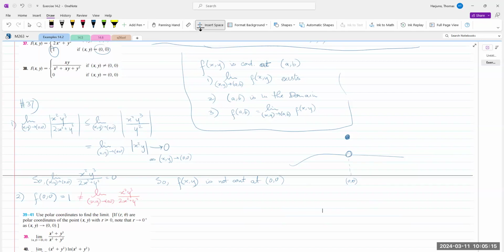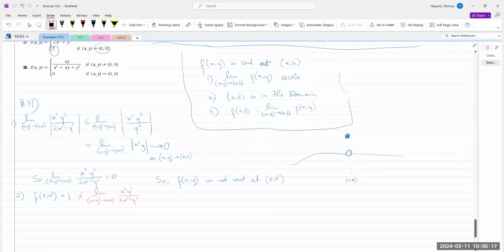Let's see number 38. You will see the limit does not exist. Step 1: when we try to do the limit along the x-axis, you fill in the gap and you will get 0.